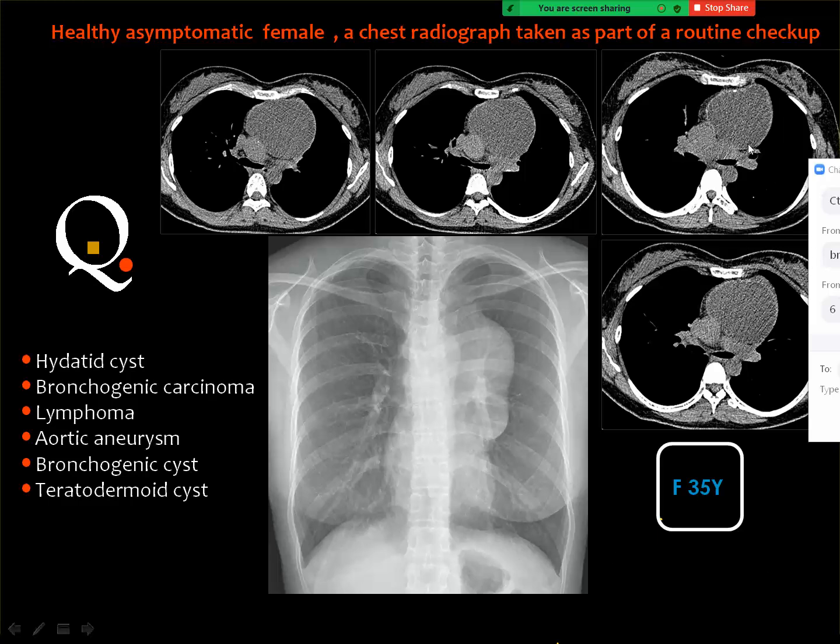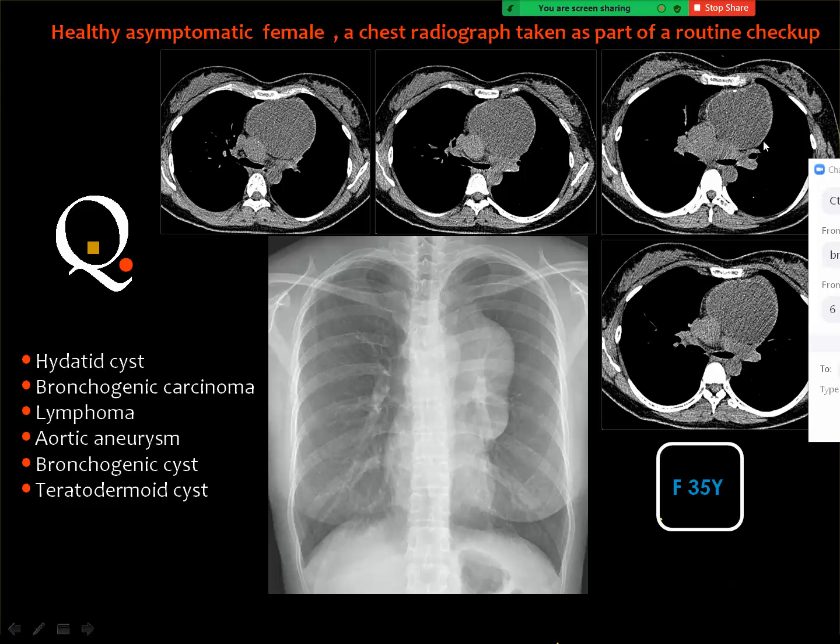If you look carefully, you can see fluid in this lesion with faint matrix calcification. You know that there are three requirements for the diagnosis of teratodermoid cyst: fat, calcium, and fluid. And you may get two only of these, but fat is very important actually.